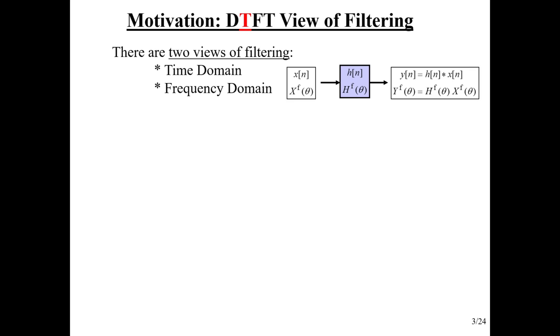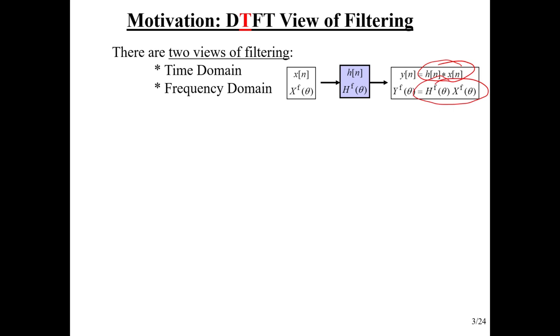One of those three. Those are all time domain implementations. But we do have these two different views of filtering. We have the time domain view, which is convolution, and we have the frequency domain, which is multiplication of Fourier transforms.